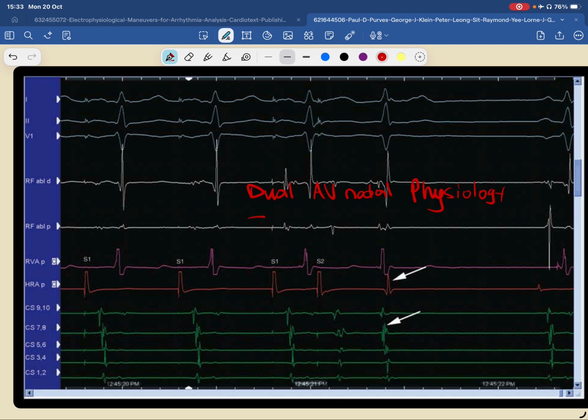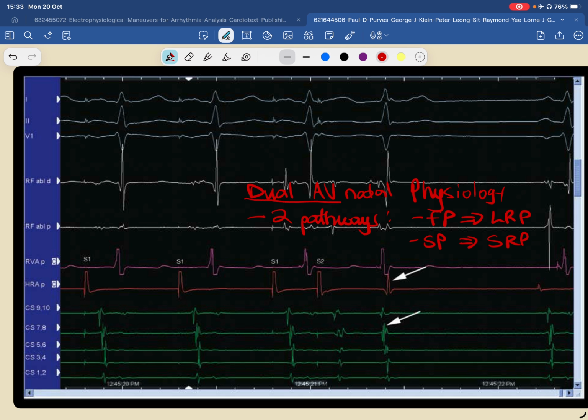In order for that to happen, we need two pathways, namely a fast pathway and a slow pathway. In which case, the fast pathway has a long refractory period, whereas the slow pathway has a short refractory period, right?